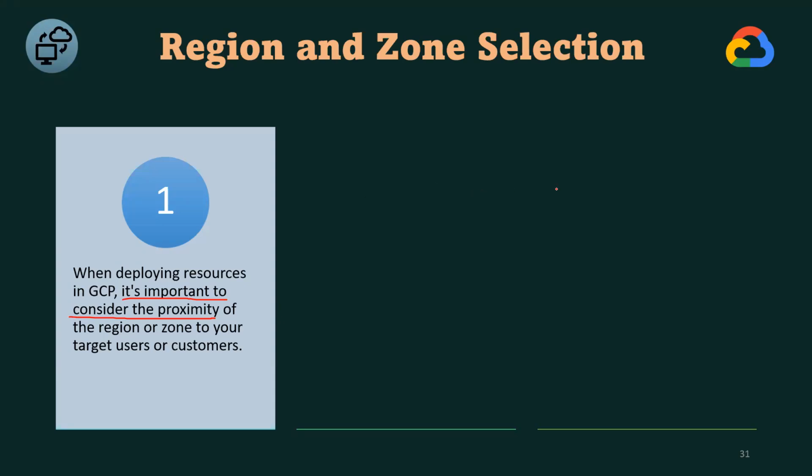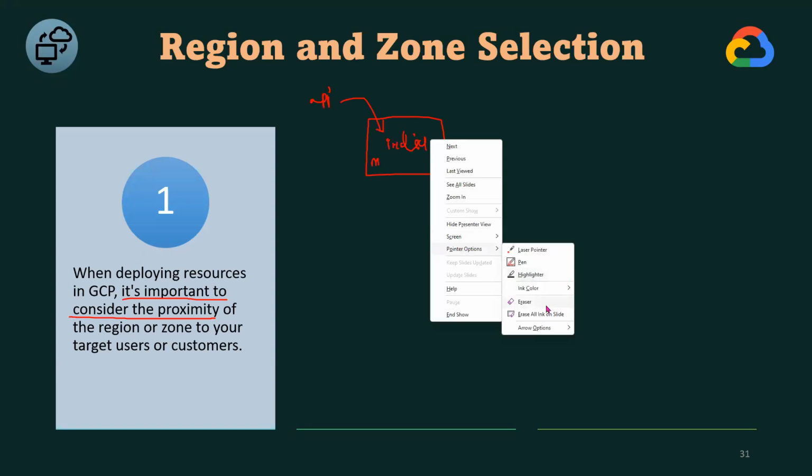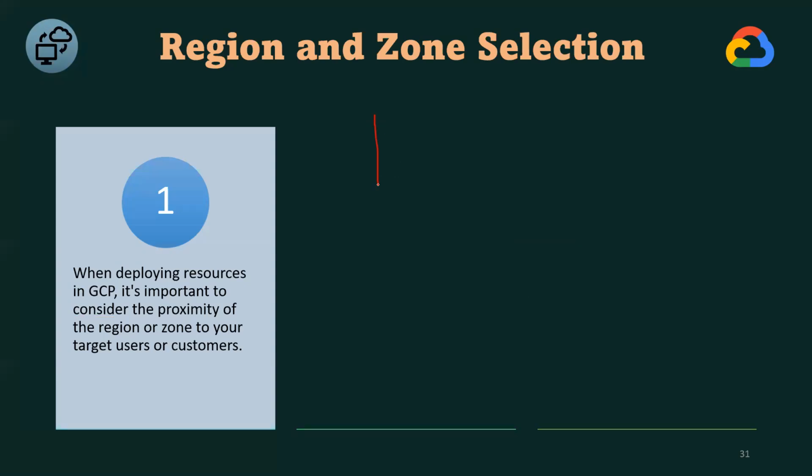Assume this one, sir. You are in India, and you are deploying one application. Let us not say it like this, let me say it another way so you will understand this point. Let us take US Central, US. This is your US region.